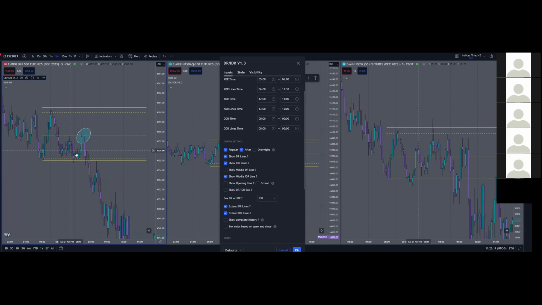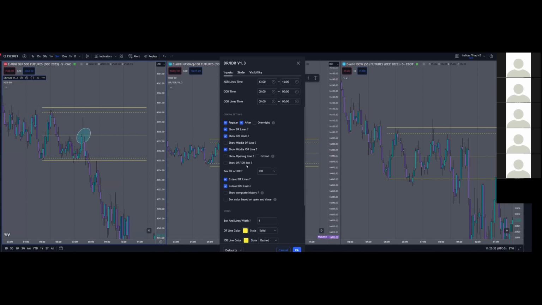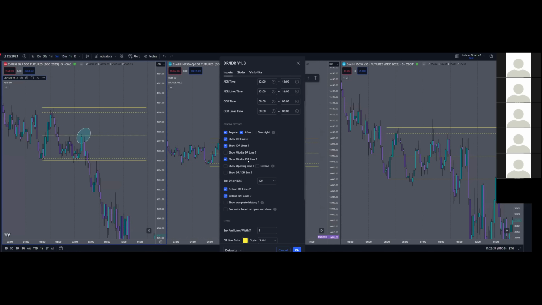This 50% is between the range of the bodies. That's very important. I have it here as an IDR, it's called, whatever it is. So this middle line is the high and low from the bodies.